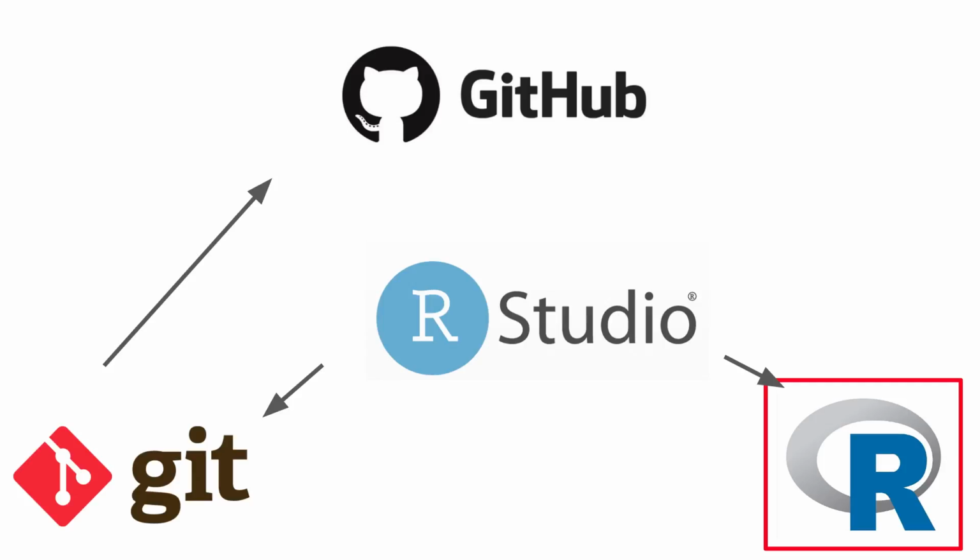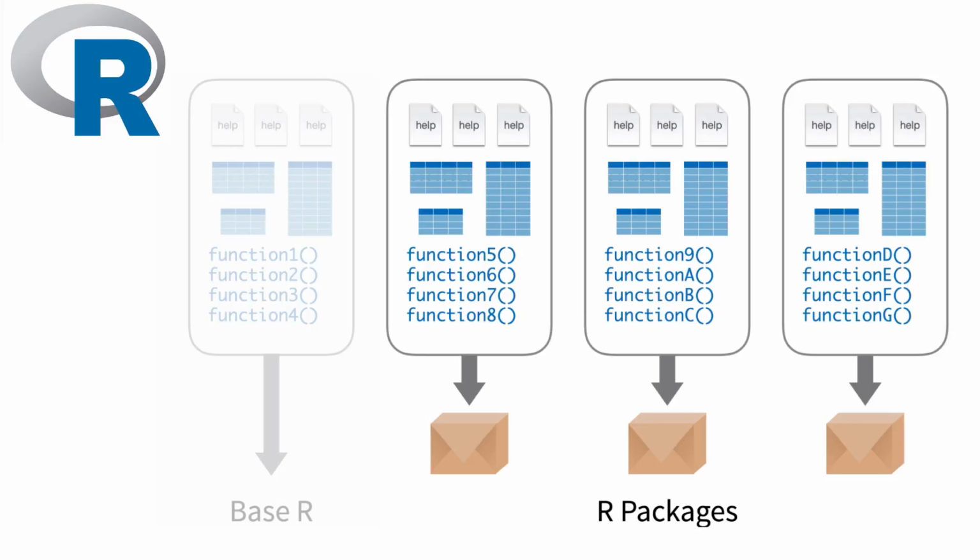So let's focus for a moment on R. R is a programming language. It is also a program on your computer that runs other programs, and allows you to do computations, particularly statistical analysis and visualizations, in a very efficient way.